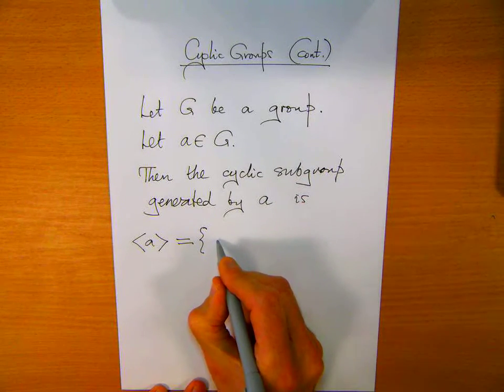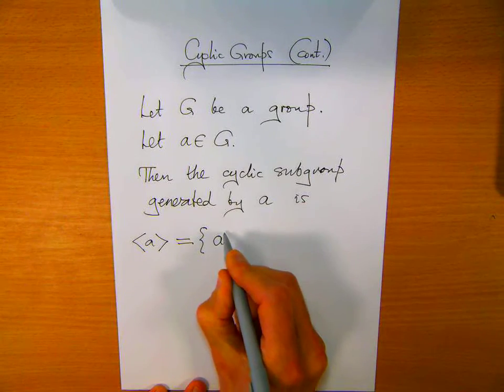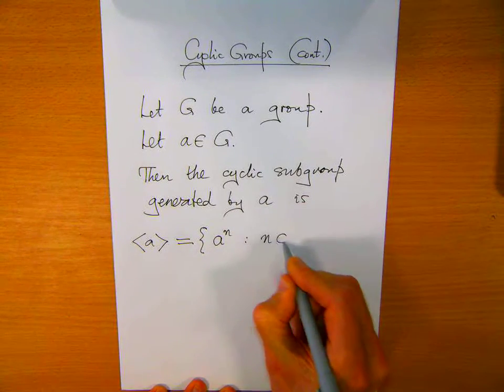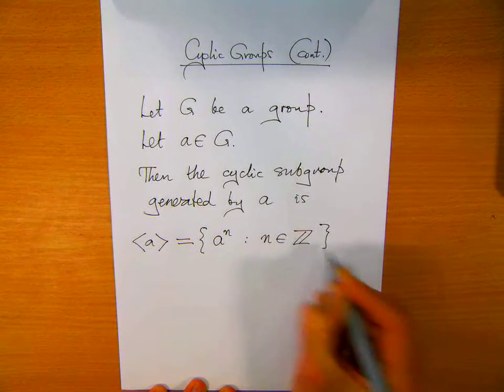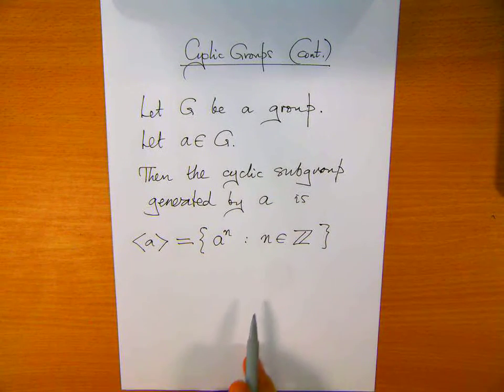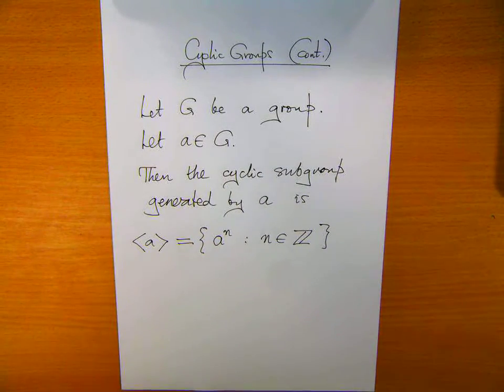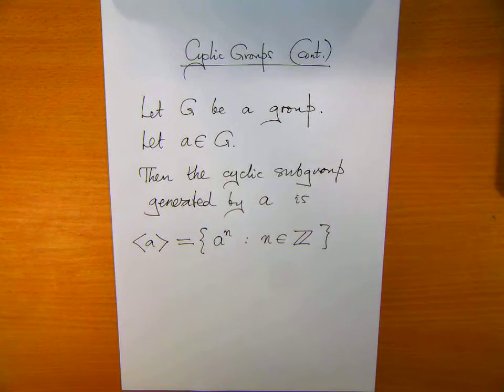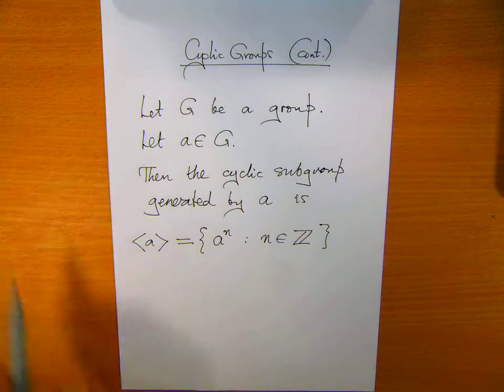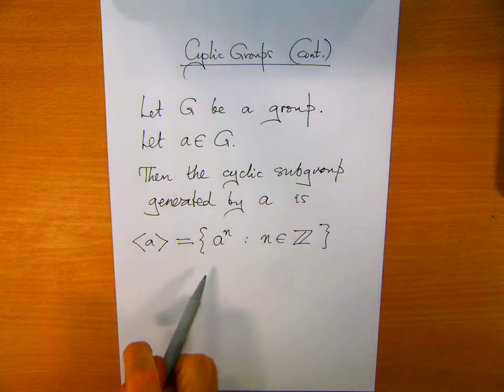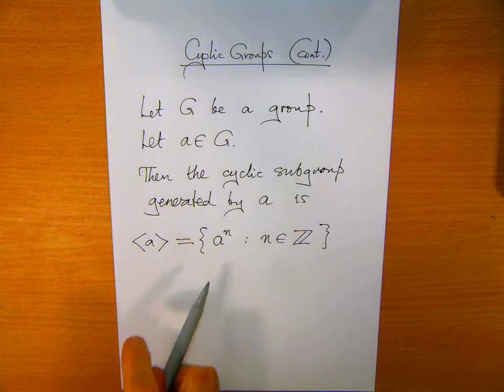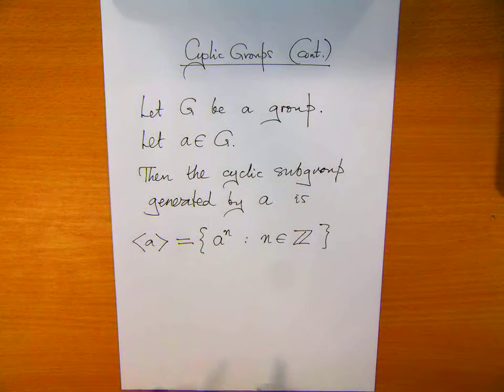The crudest way to write this down is we just take all powers of A, where n here could be any integer, negative, 0 or positive. We take all powers of A. We can compute powers because powers are just iterated multiplications, and we can do multiplication because we've got a binary operation on the group G. So we take all possible powers and put them in a bag. And that's what we mean by pointed brackets A.